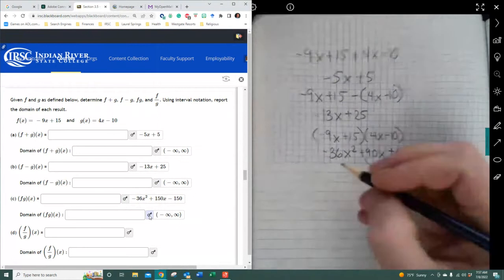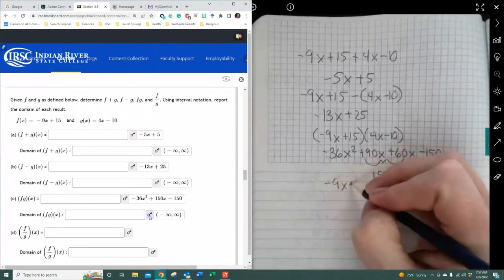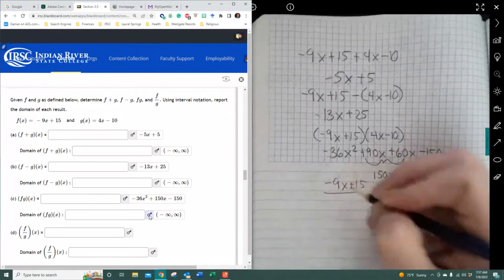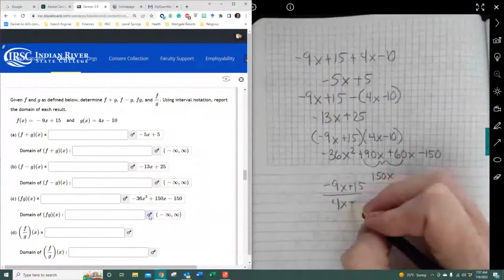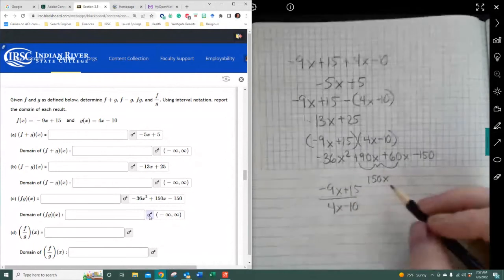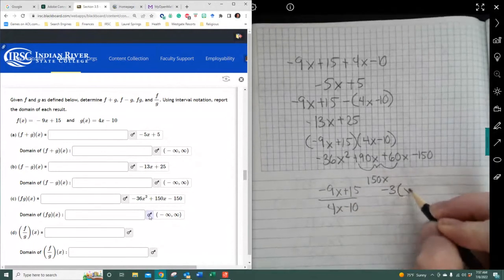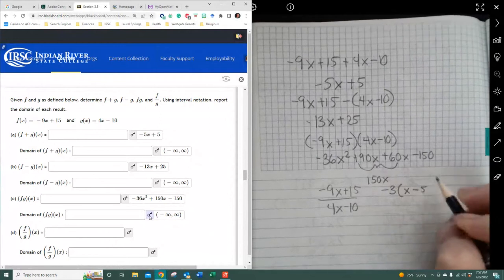Now, when we're looking at division, then it's negative 9x plus 15 over 4x. Now, we're going to think about how we could take out a negative 3 and get this.